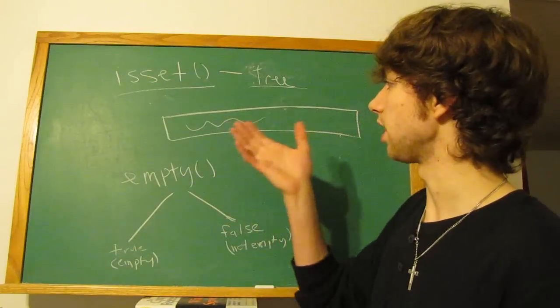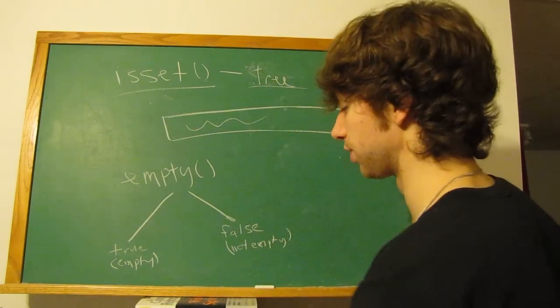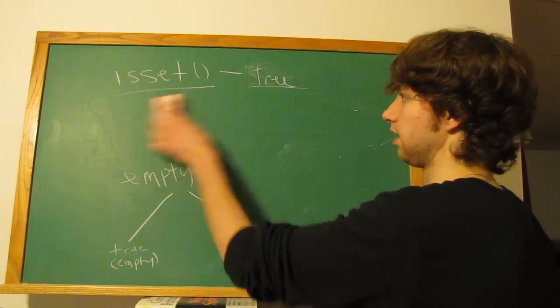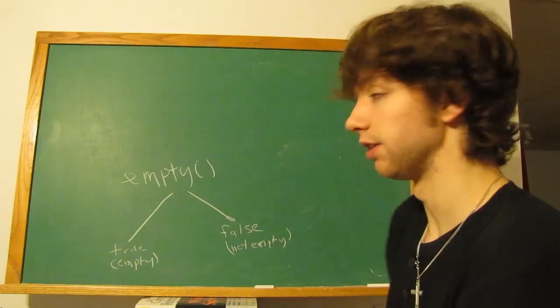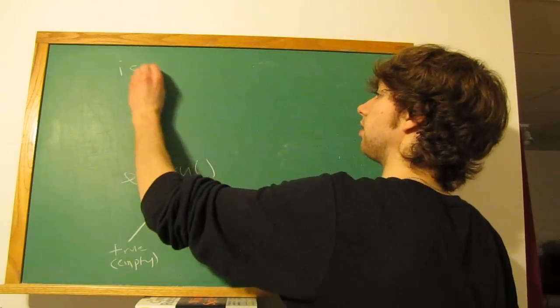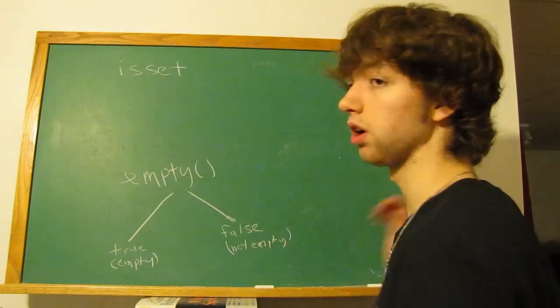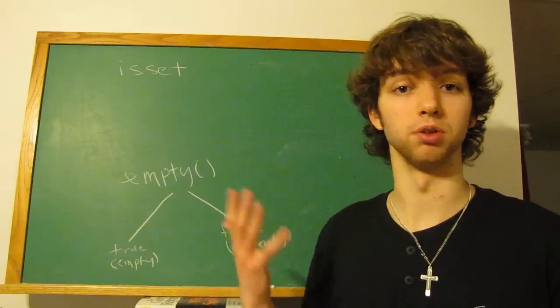So if you use a text box, it's always going to evaluate as true, which is not any testing, because for testing, we want to check if it's false or if it's true. So that means we're going to use isset for things such as radio buttons, where you can only pick one or the other.